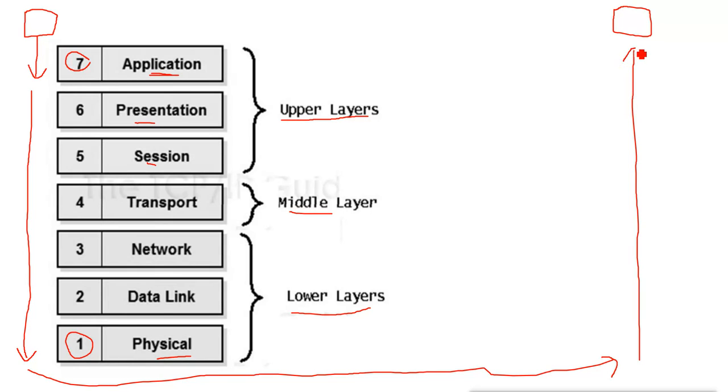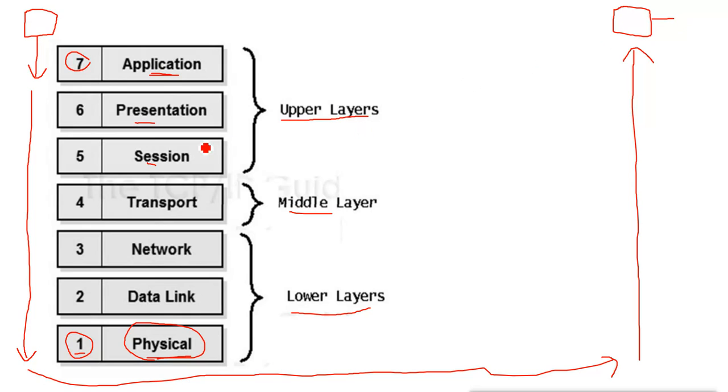When data is getting into the system, the first layer it will meet is the physical layer, then data link layer, then network, transport, session, presentation, and application layer. And that is why the numbering starts from the physical layer. So the numbering of the layers is given from the receiving end. Remember, the numbers are given from the receiving side.